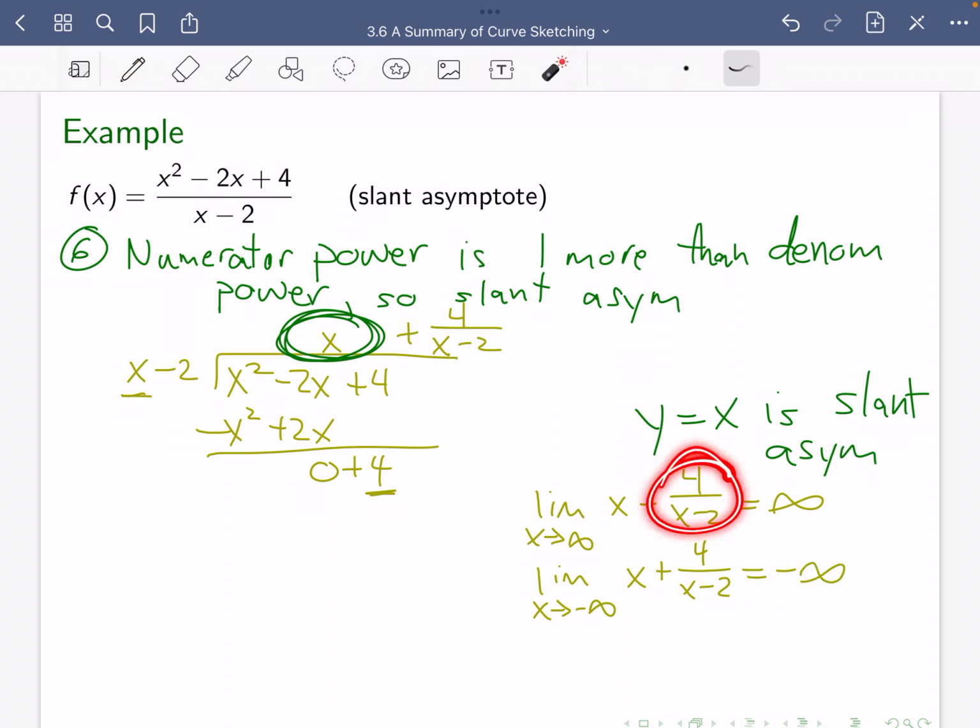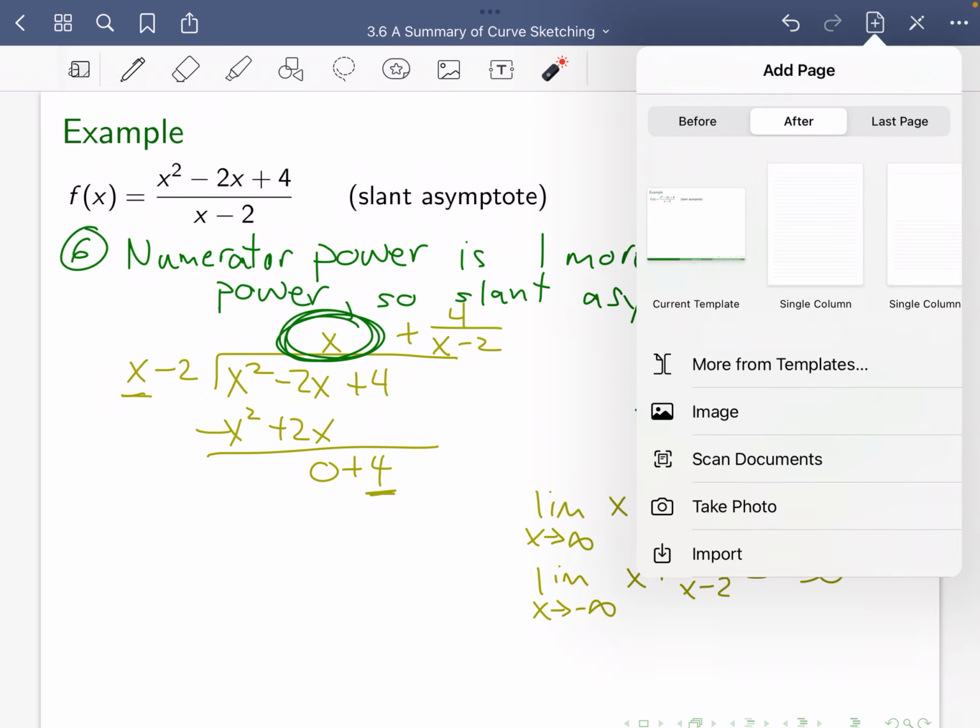So this term heads towards 0 in both cases. This term is x itself, so it's heading towards infinity, and negative infinity. So those are the end behavior. It's going to head towards positive infinity and negative infinity, heading along this line.